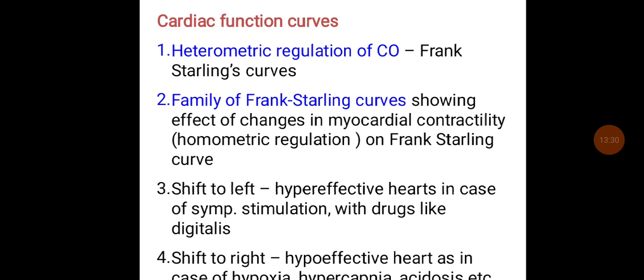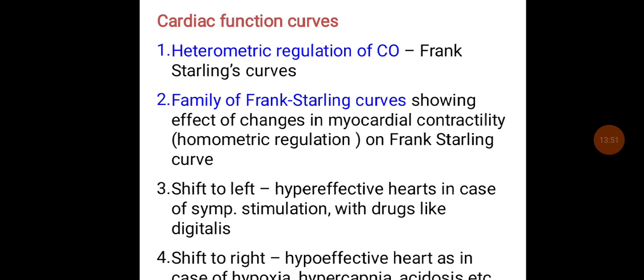Okay. So the second one is the family of Frank-Starling curves, showing the effect of changes of myocardial contractility on the Frank-Starling curve. Okay, so the shift to the left occurs in a hyperactive heart in case of sympathetic stimulation or drugs like digitalis.